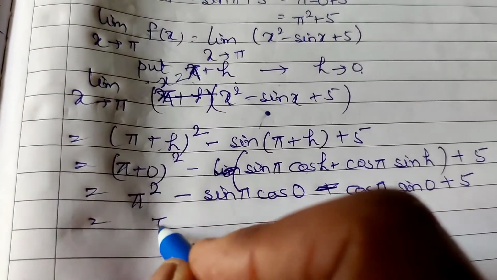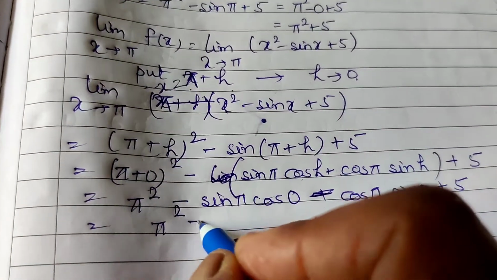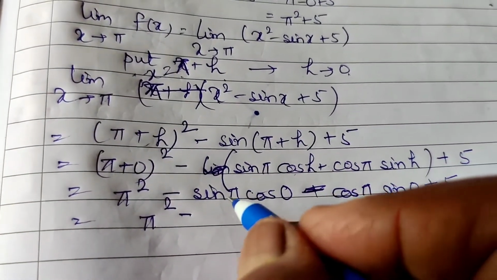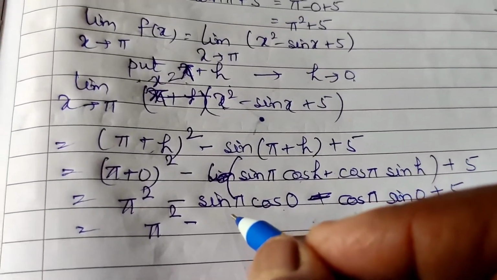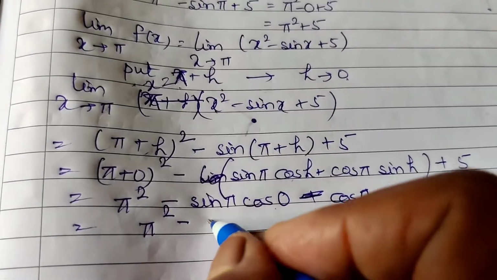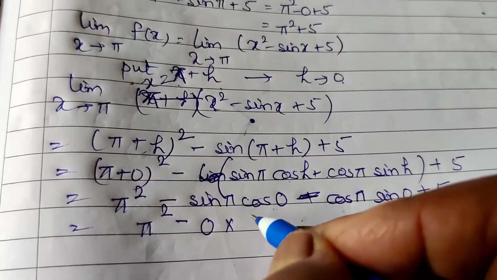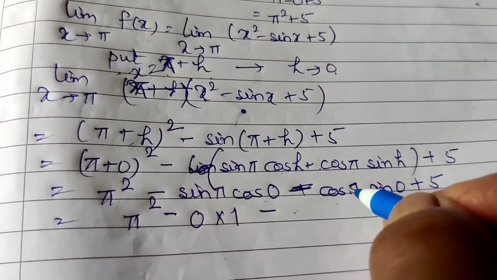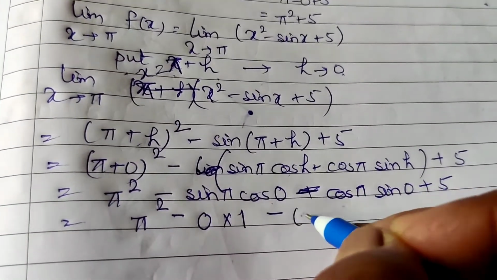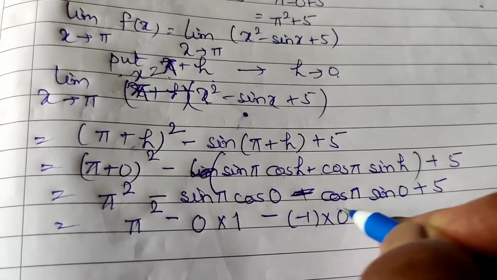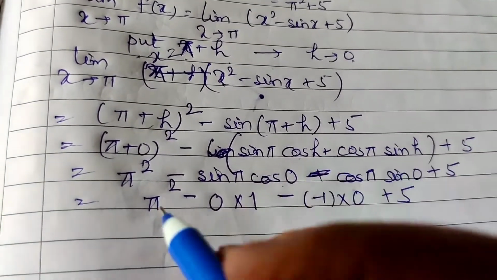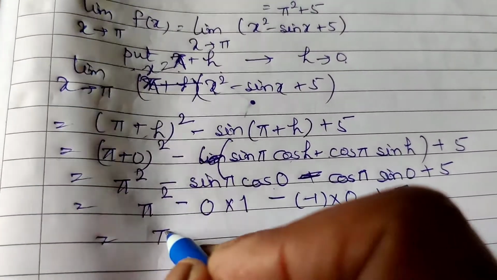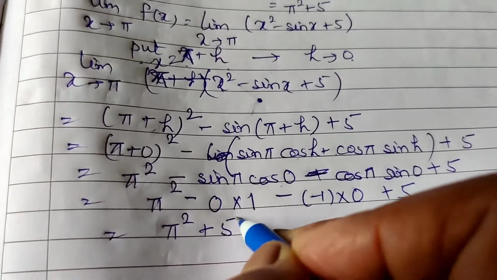Now solve: pi square minus, cos 0 is 1, so it is 0 into 1 minus cos pi, which is minus 1, but sin 0 equal to 0, plus 5. The answer is pi square plus 5.